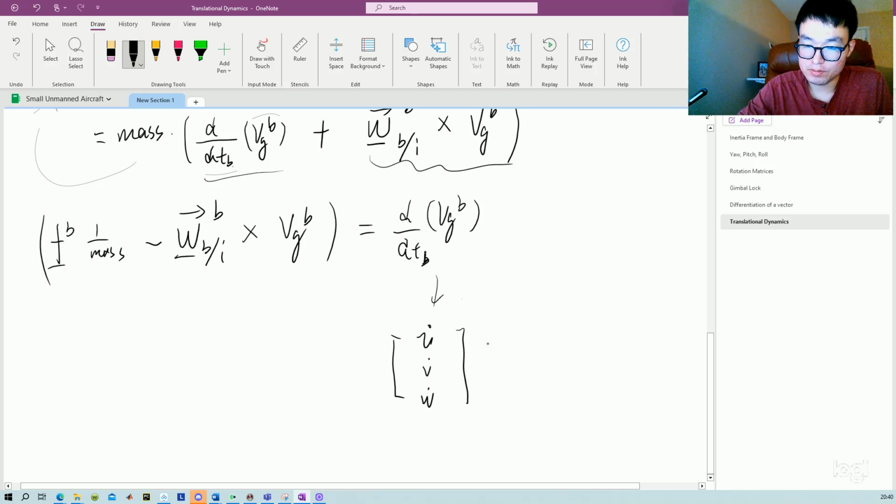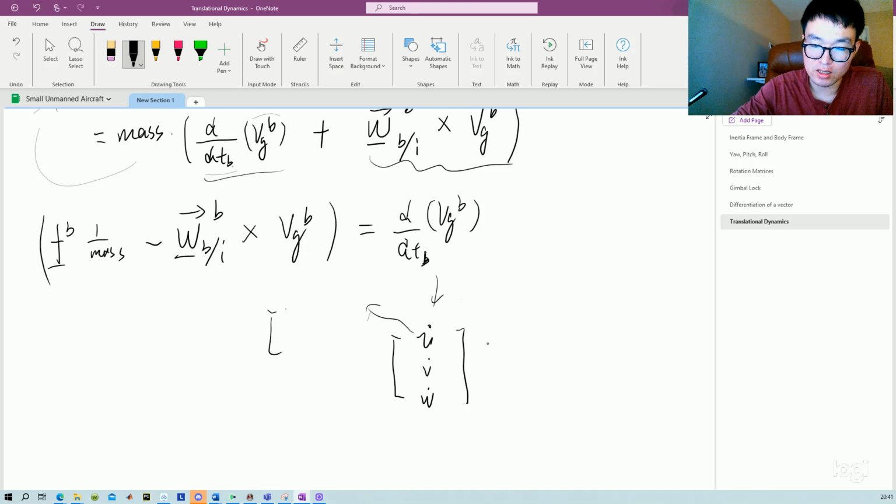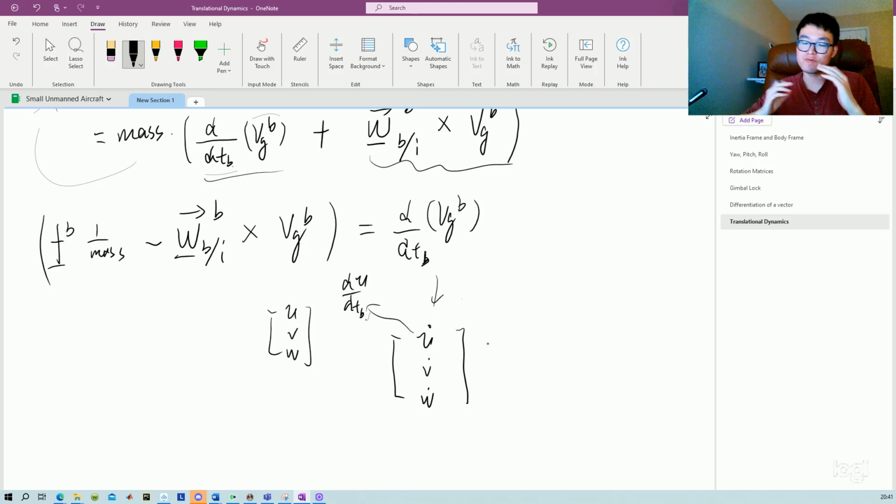For example, this U dot is actually dU/dt in the body frame itself, because both VG as well as the time derivative are inside the body frame.